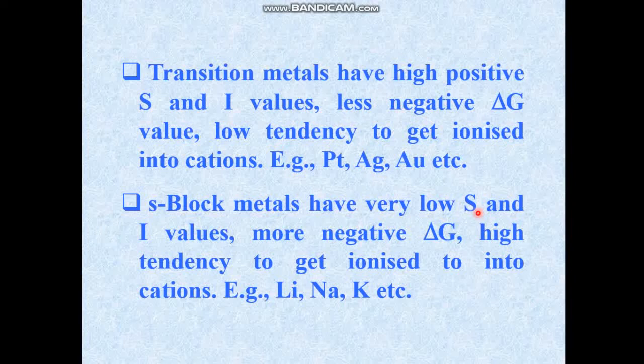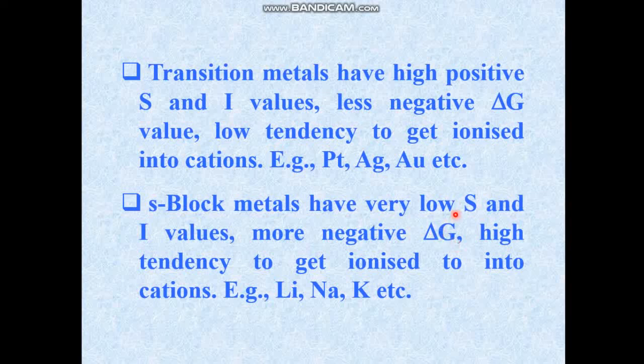As you know, they are very soft metals, so they can be easily vaporized into the vapor form, and they can easily lose their electron, so they have very low ionization potentials. Since these S and I values are very small, they have a more negative delta G value, and as a result they have a high tendency to get ionized.